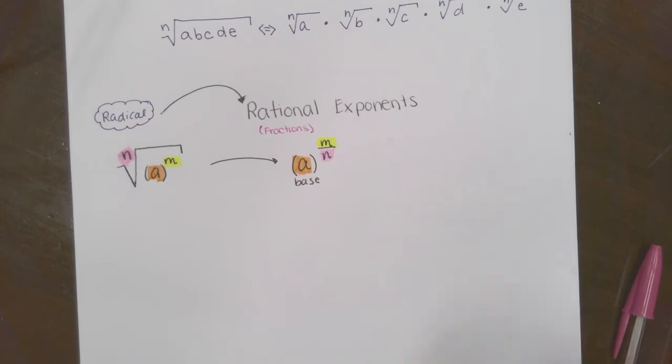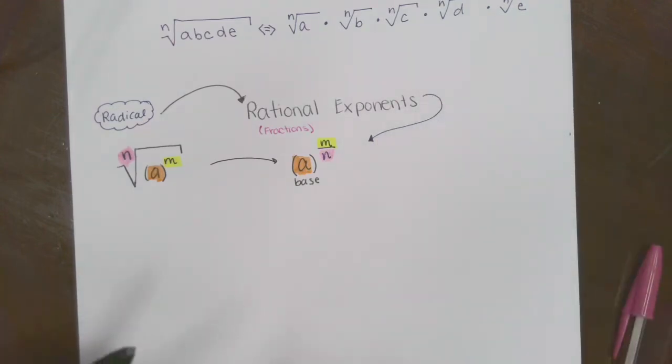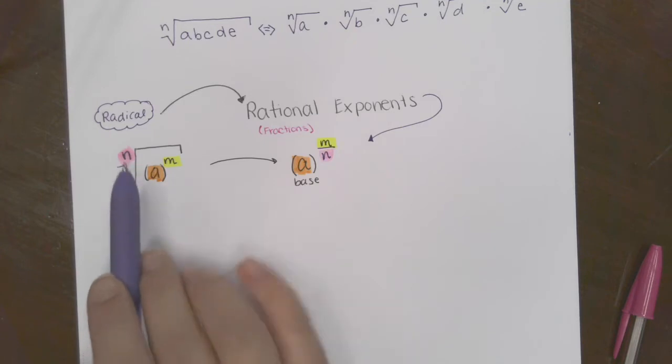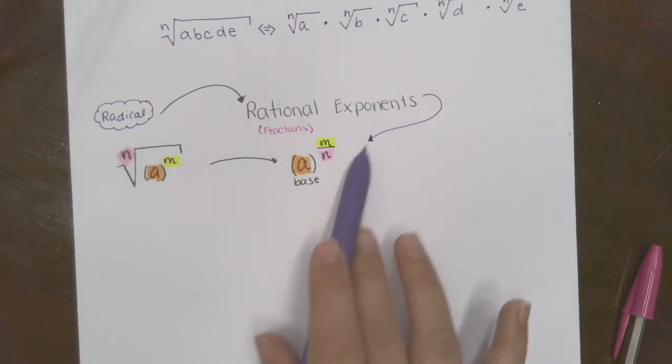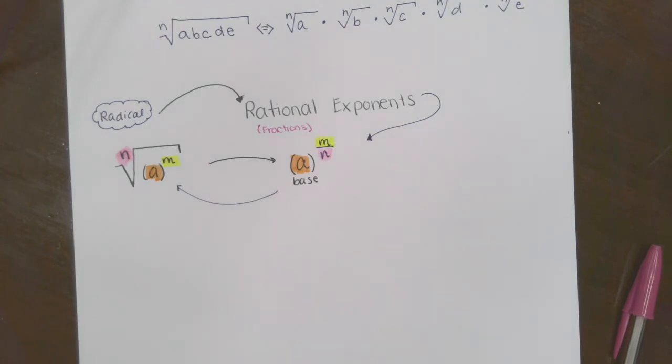So your rational exponent, whenever you see a fraction as an exponent, that means in reality, it was a radical that we didn't want to draw the symbol for. So it goes from here to here, from here to here. A double-sided arrow.